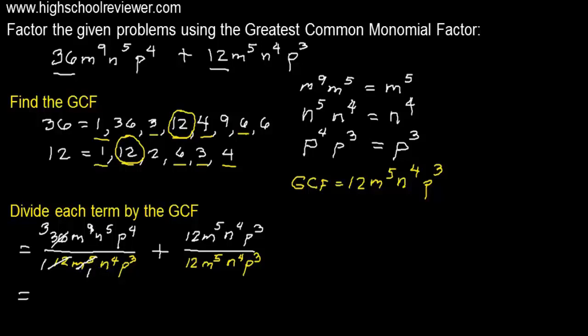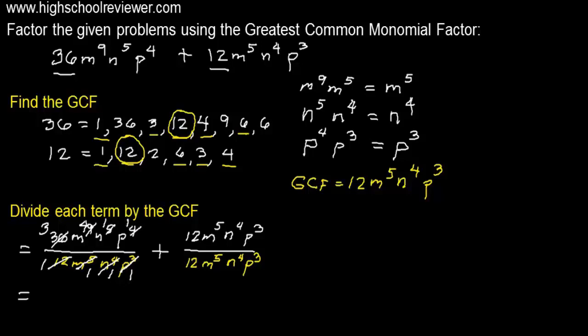And we will subtract the exponents: 9 minus 5, we can write here 4. And then n, this is smaller, so we can cancel this out because this will be equal to 1. And 5 here will be 5 minus 4, this will be equal to 1. And 4 minus 3, this will be 1.